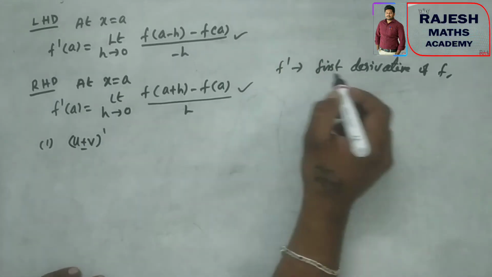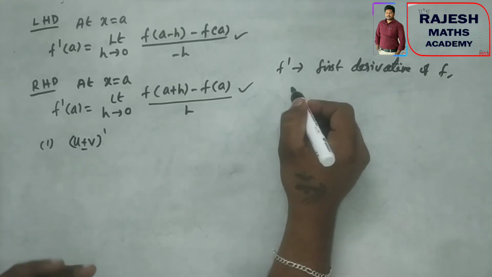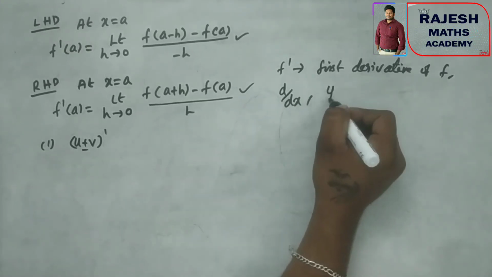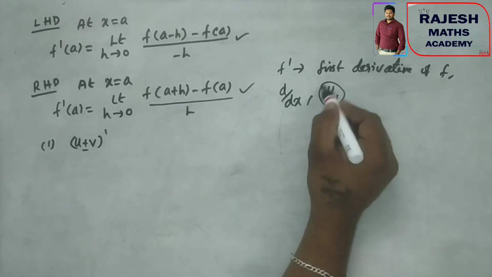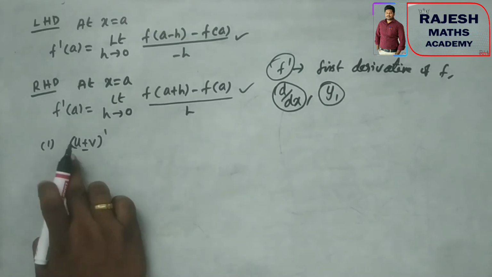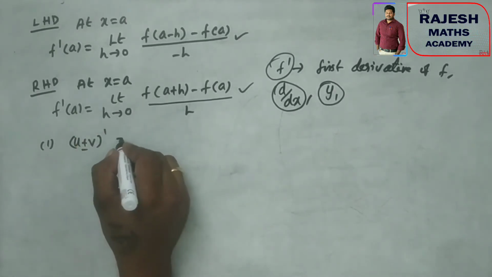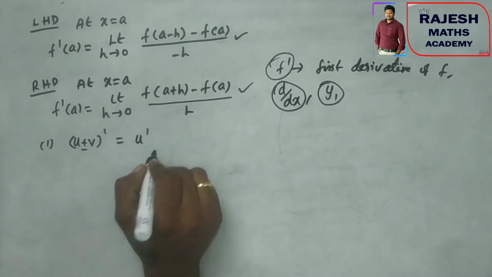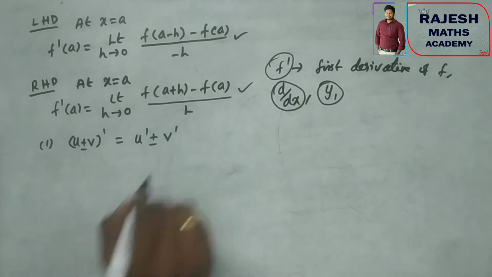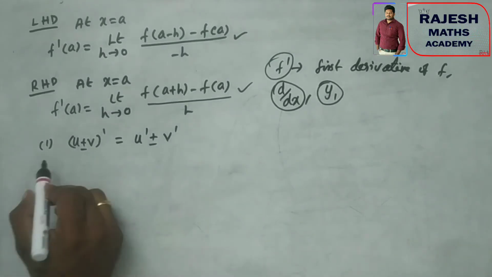Sometimes we will see d by dx, or sometimes y1. All these refer to the first derivative of the function. So u plus v whole dash means the differentiation of the sum of two functions equals the differentiation of the first function plus or minus the differentiation of the second function. This is our first rule.